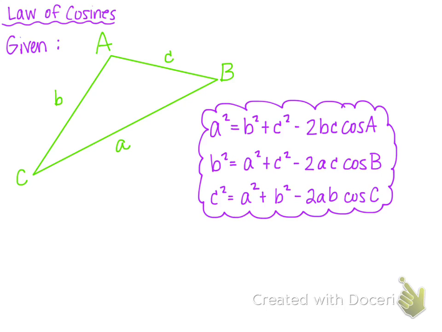Not kind of, it's built off of the Pythagorean theorem. So we have little a squared is equal to little b squared plus little c squared minus 2 times little b, little c, cosine big A. And here are the rest of them, according to what you're given. So we're going to use these to solve some oblique triangles.